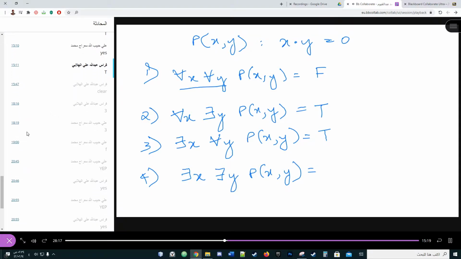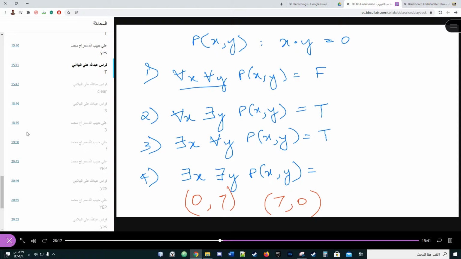There exists some y. So you can have many examples here. So for 0, 7, it satisfies. There is some x for which there is some y. So it satisfies it for this case. So this is also true.